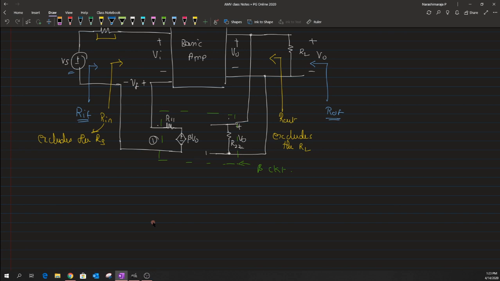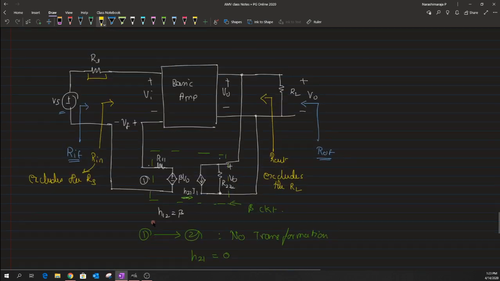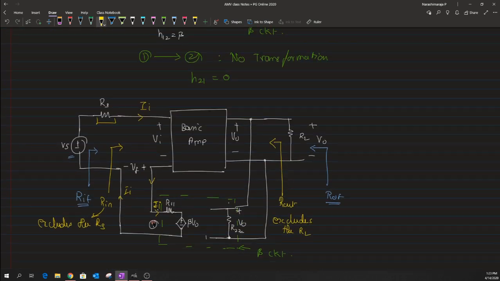Clear? So this is what we have, and let me even draw this current I1 throughout this. Whatever current flows out of this Vs is taken as I1, and let me write it as an I1 quantity as well. The same current loops around through this and gets back here as I1 and then goes back to the circuit. So there is a loop of current flow through this basic amplifier as well as through the feedback network.